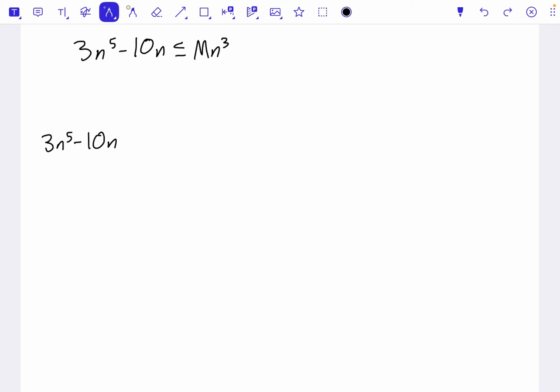This is not always true, but it's true pretty often, and it's true here. Factor out the largest power of n. Now we want to choose n such that 10 divided by n to the 4 is convenient. Convenient enough that 3 minus 10 over n to the 4 is just some positive constant.